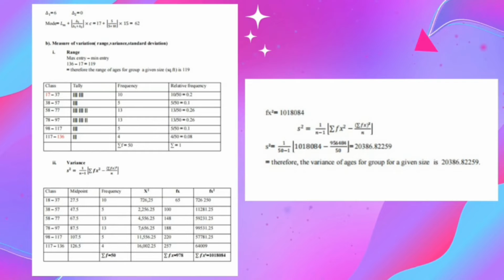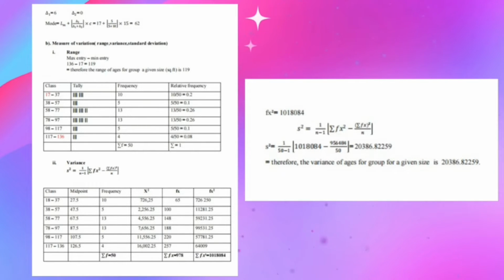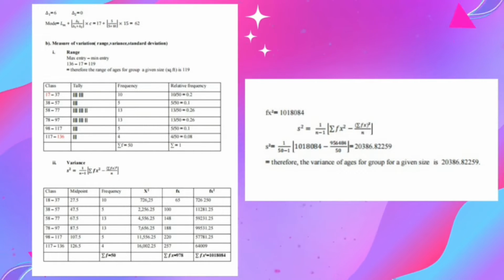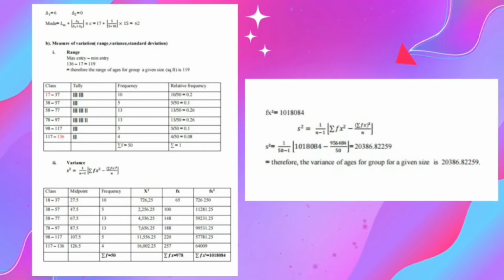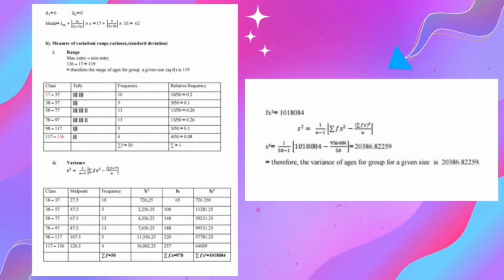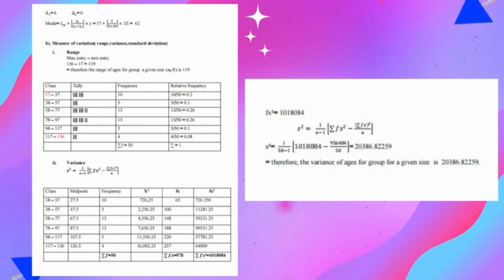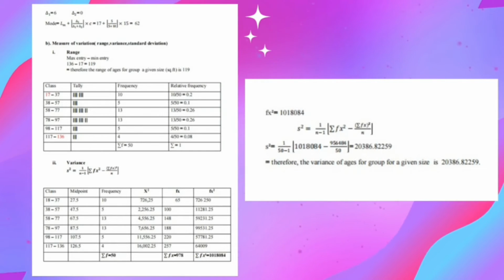Determine the location, which is 50 divided by 5. The median class is 18 to 37, the lower class boundary is 37, the class width is 57 to 37, and the total is 20. The total FM is 10, and FM is similar to 50.